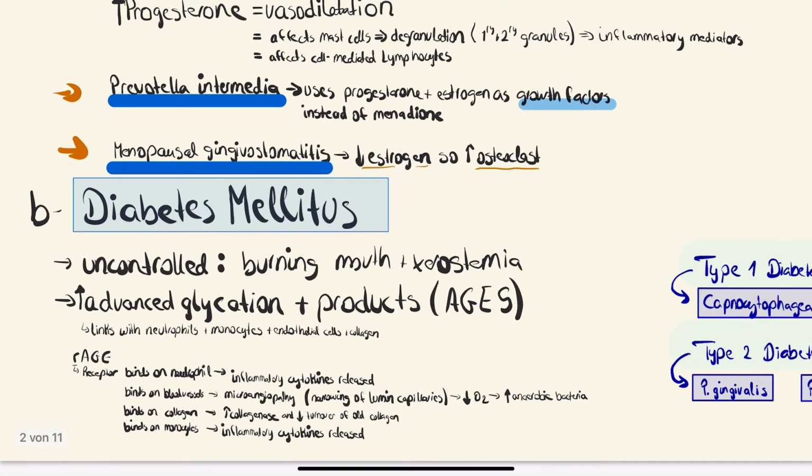Now, diabetes mellitus is important to understand. When it is uncontrolled, it leads to burning mouth and xerostomia.